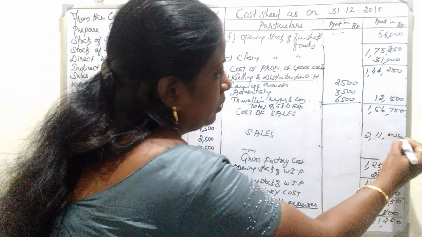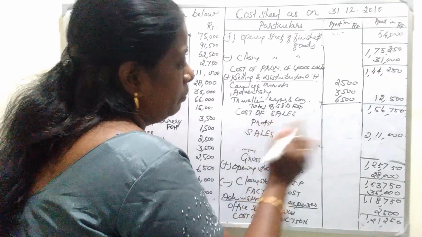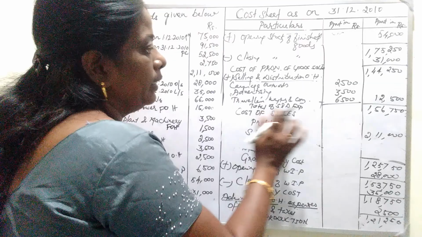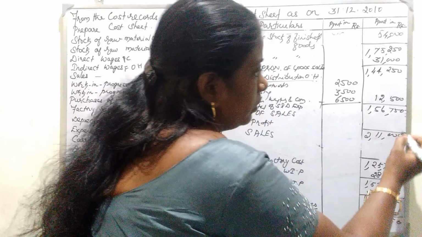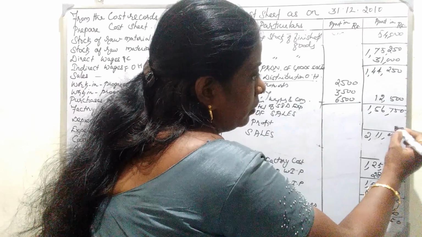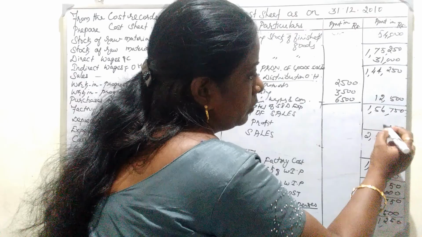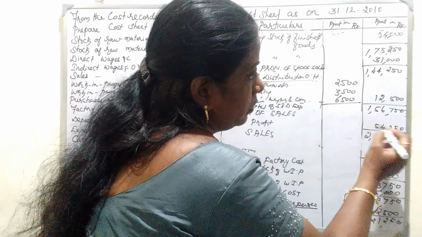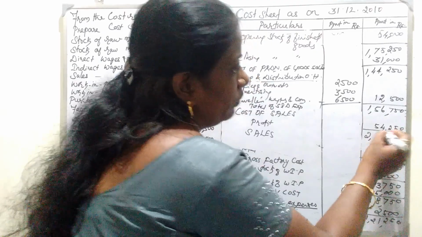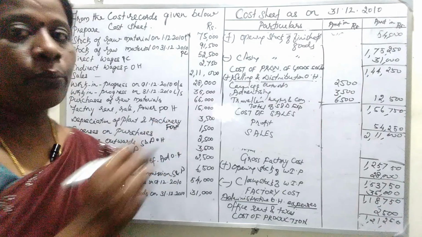Then we find the profit by deducting the cost of sales from sales. That is 54,250, the answer. That is the profit.